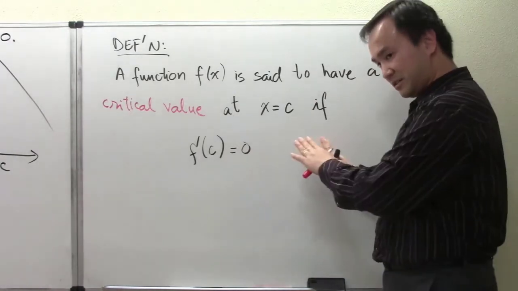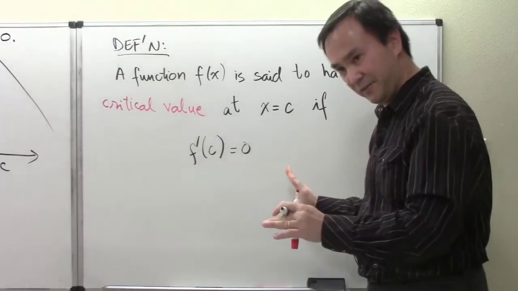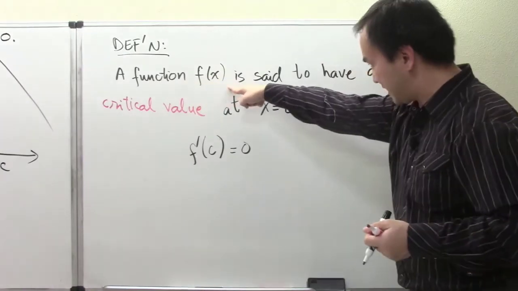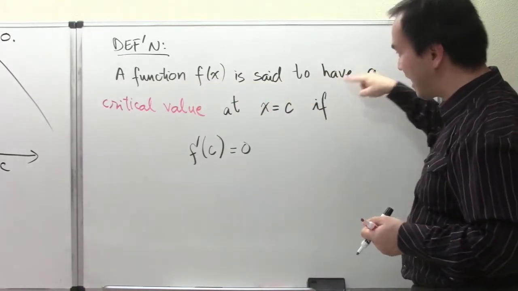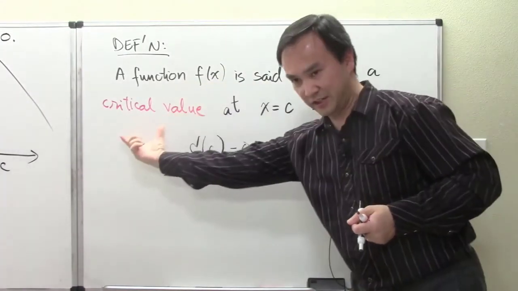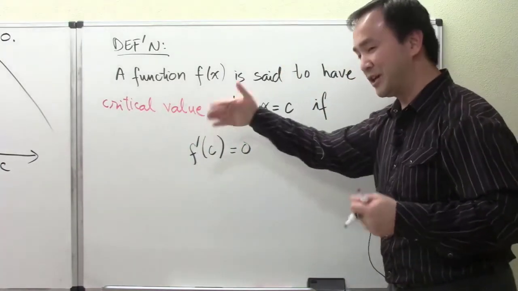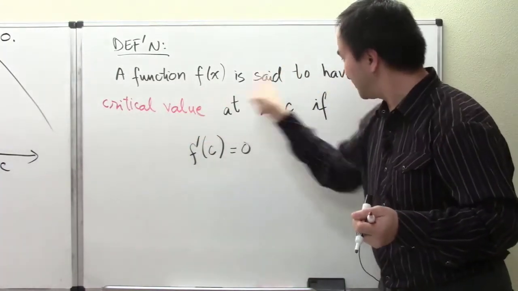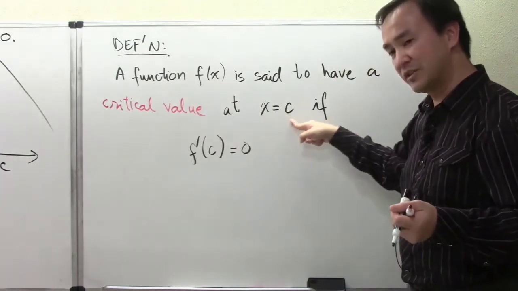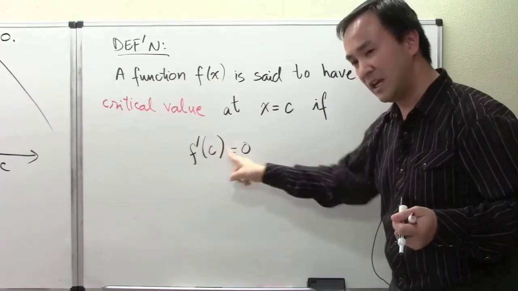I'm not done yet with my definition. There's a new term for us here: a function f of x is said to have a critical value at x equals c if f prime at c equals 0.